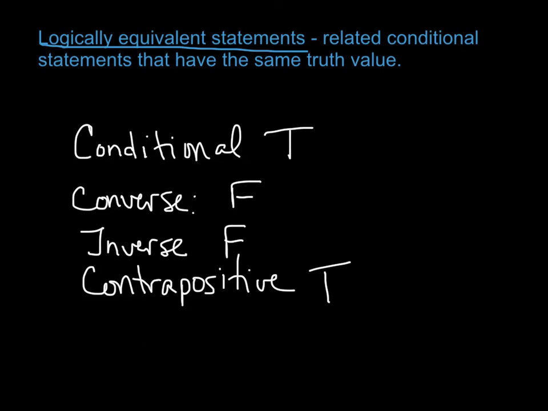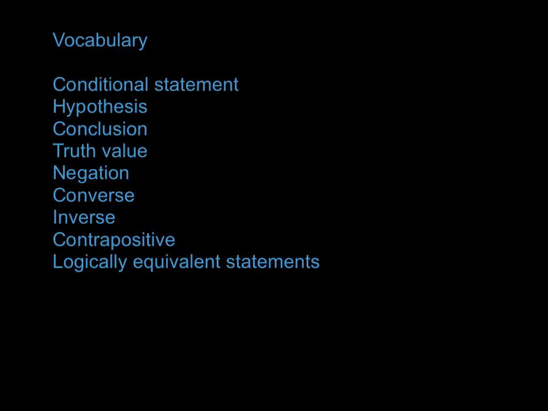So you have to realize, though, that the converse of a true conditional is not necessarily false. So all four related conditionals can be true. They all can be false, depending on the statement. So this is not always true. Sometimes they'll all be true. Sometimes they'll all be false.